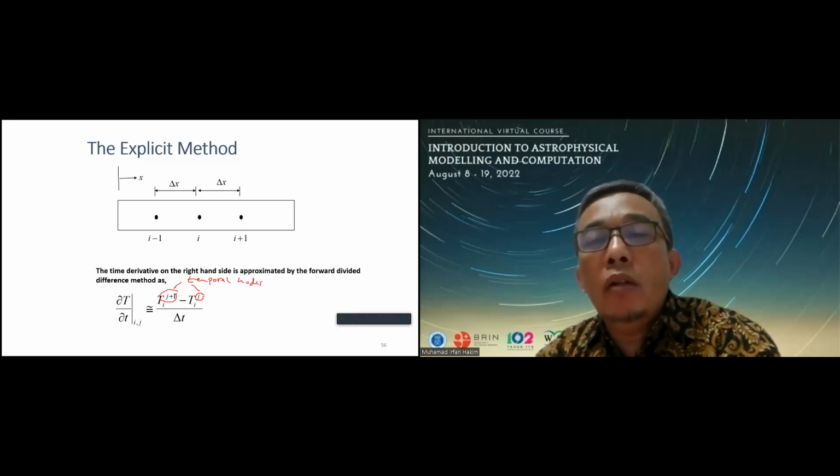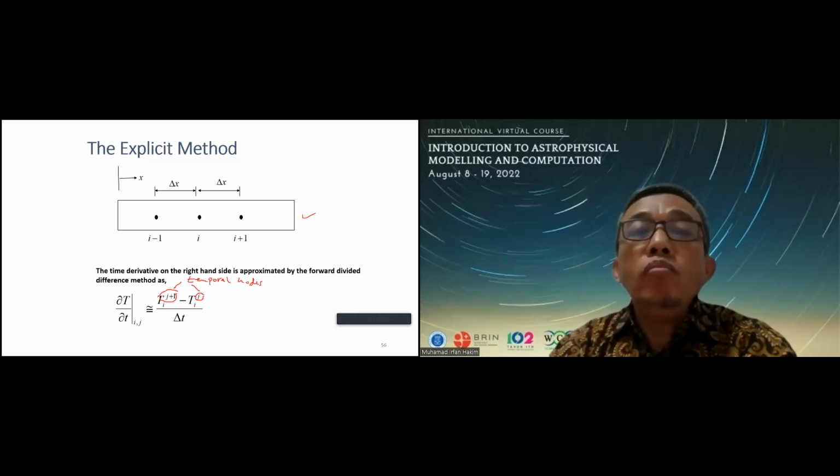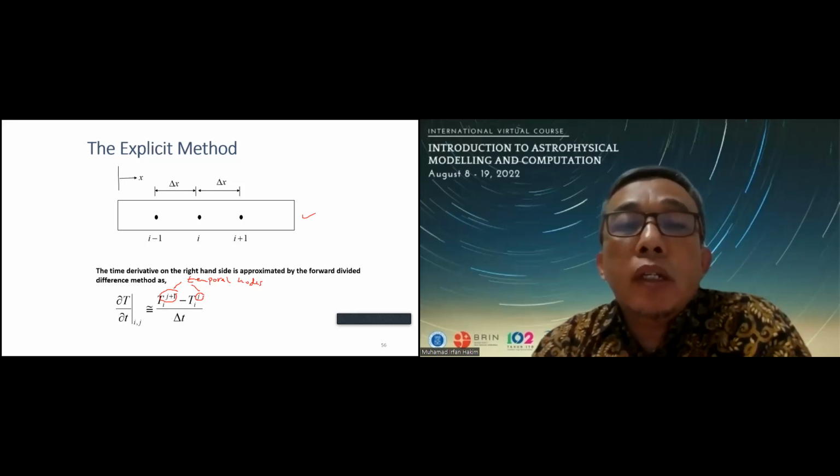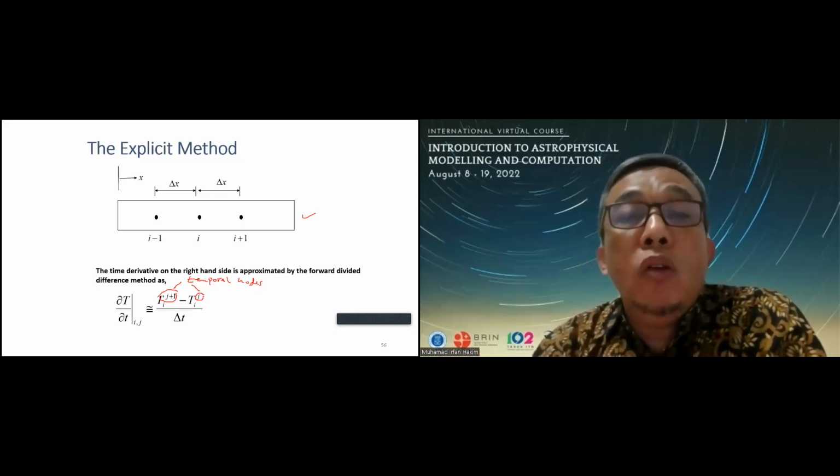Here we are only drawing spatial nodes, not temporal nodes.